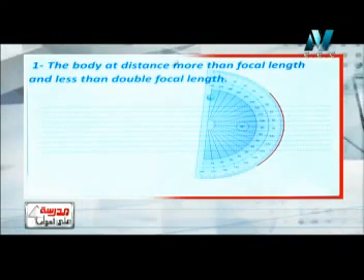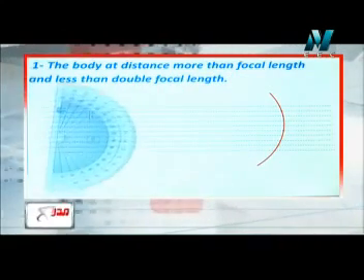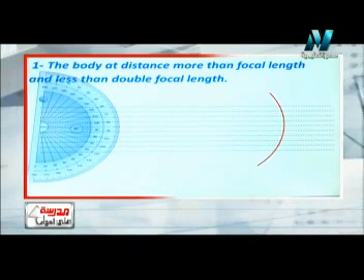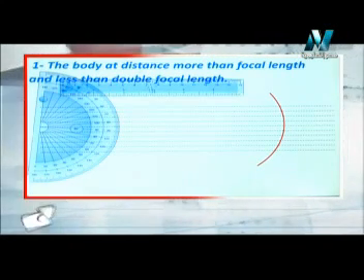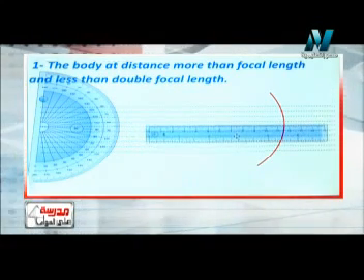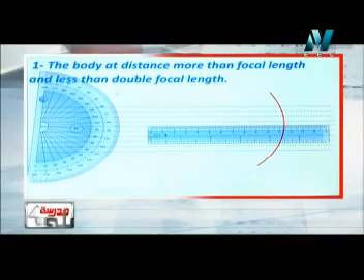Okay, then we will remove the protractor and we will use the ruler here. We can use the ruler instead of the protractor, and we can put equal distances by the ruler.